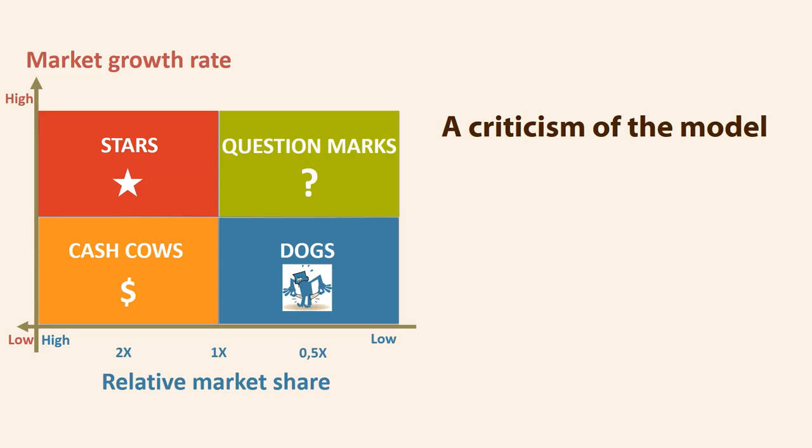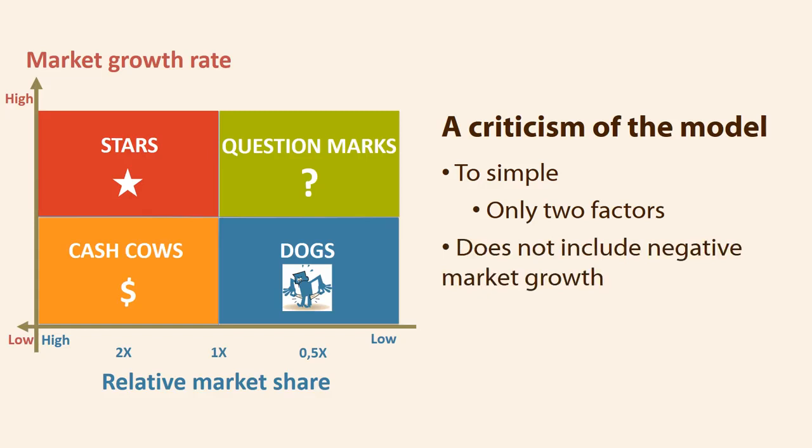Let us now consider a criticism of the model. Many believe the Boston model is too simple because it focuses only on two factors, namely market growth and relative market share. Critics therefore believe that the model lacks some of the other essential elements such as market size, industry coverage, competitive strength, employee creativity and motivation.